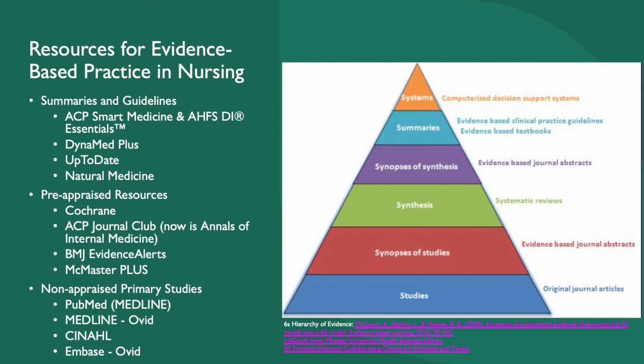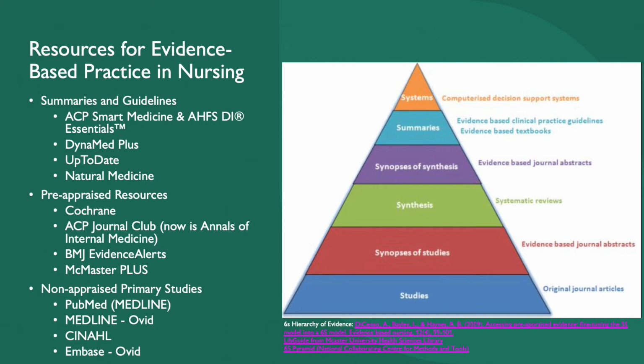Some of the resources listed were divided down into summaries and guidelines, and you can see the ACP Smart Medicine, DynaMed Plus, UpToDate, which many of us are familiar with, and then Natural Medicine.